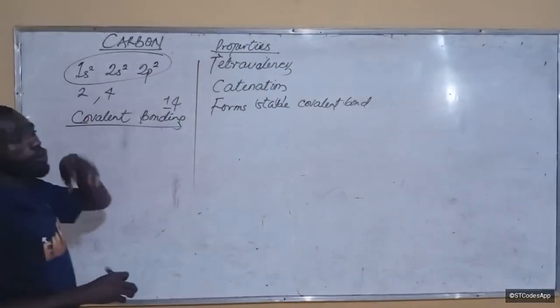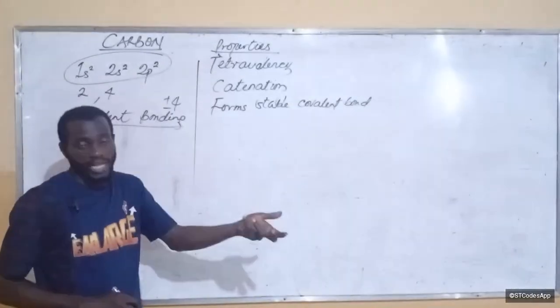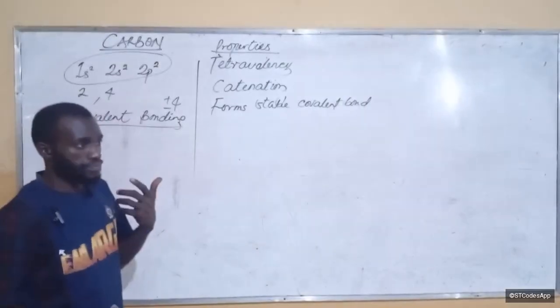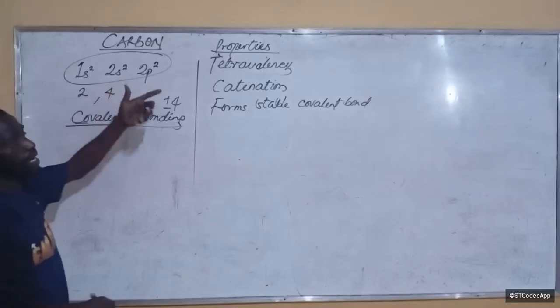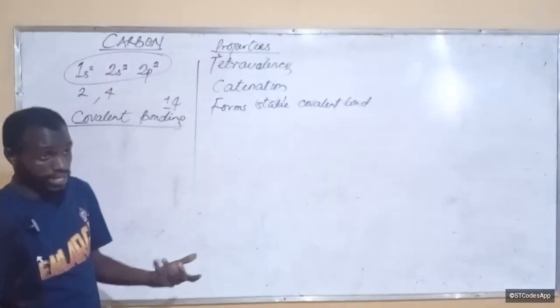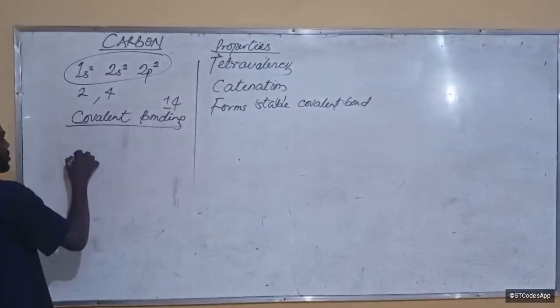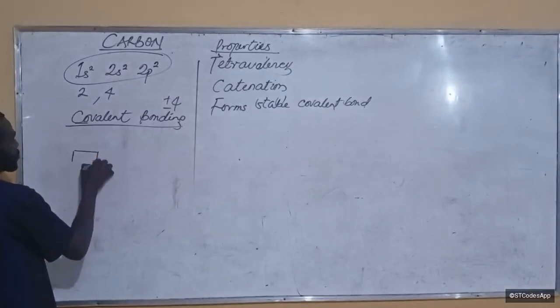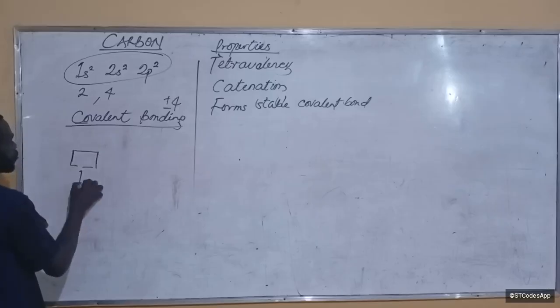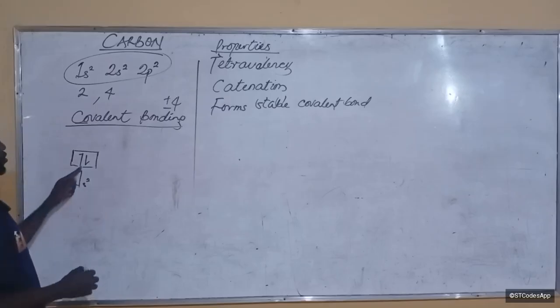Now, when carbon wants to react with other atoms, it becomes excited, right? We say it's in the excited state. Now, what does it do in the excited state? What it does is this. The atomic structure for this guy, 1s2, just shows an orbital with two electrons with opposite spins.